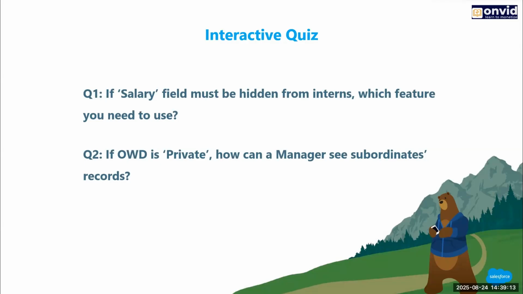In that case, we will impose role hierarchy in Salesforce. The manager can have access to the records that a subordinate owns. Similarly, a senior manager can also have access to the records. That is role hierarchy in Salesforce.